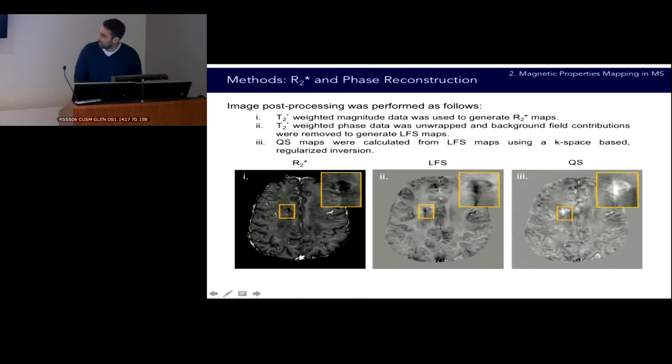Here, as I talked about in the beginning, the R2*, LFS, and QSM maps are paramagnetic maps sensitive to myelin and iron.